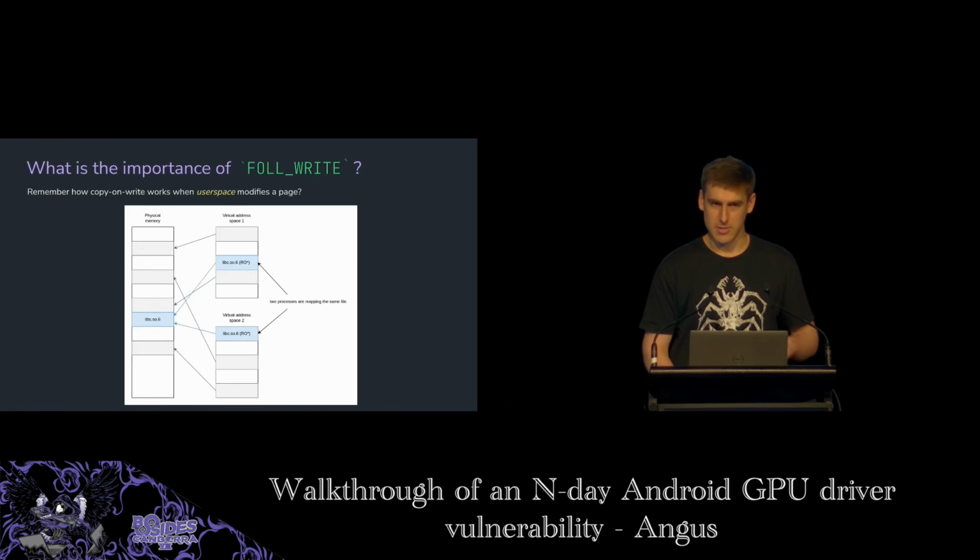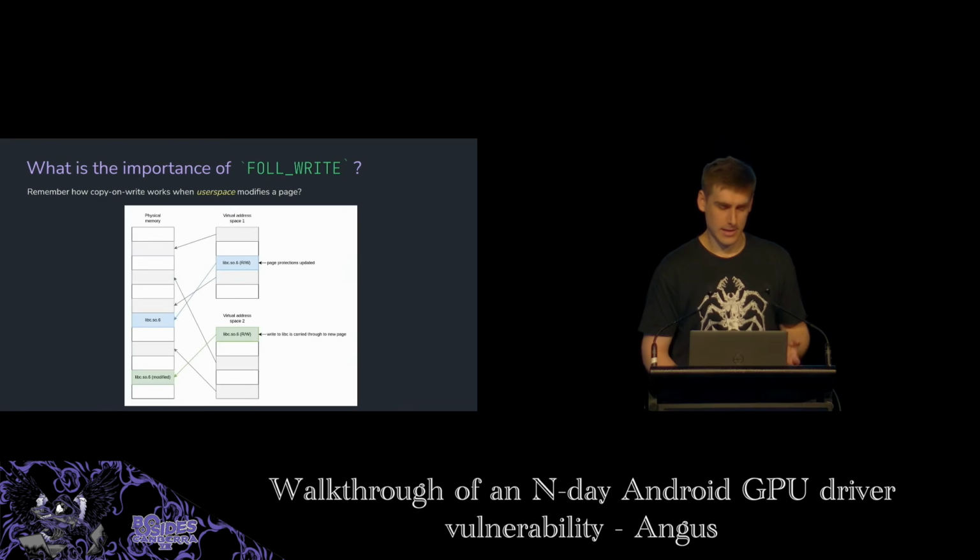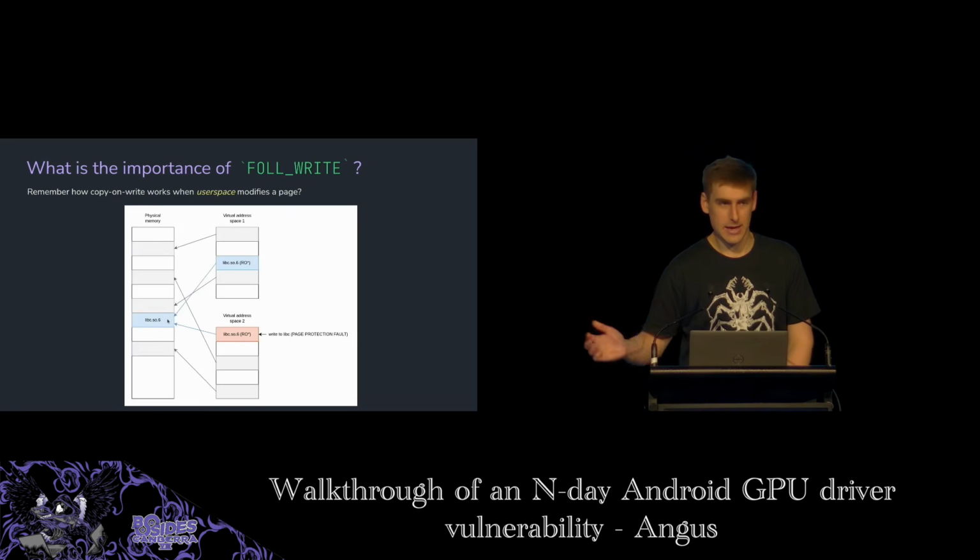Normally, if a user goes and modifies one of these pages, it'll trigger a page fault, and the kernel will go and duplicate that underlying page in physical memory and set up a new mapping and update it to be read-write. And this protects the user from modifying an underlying shared page that's being used by another process at the same time. So this is good.